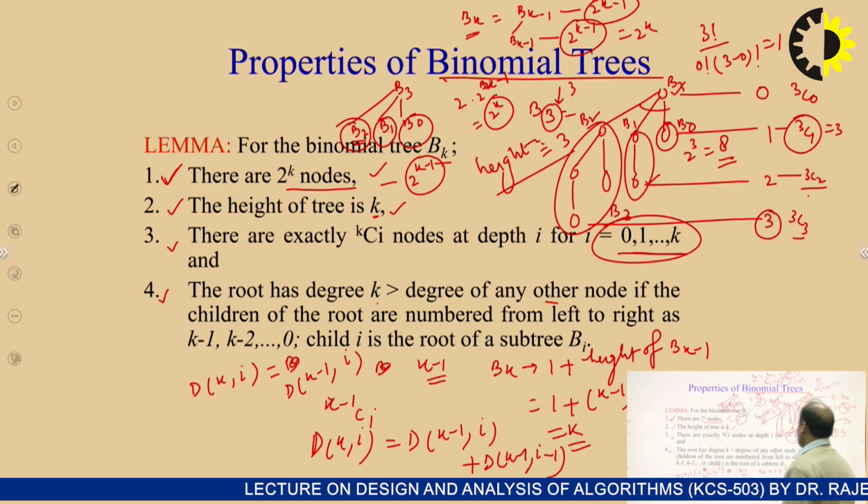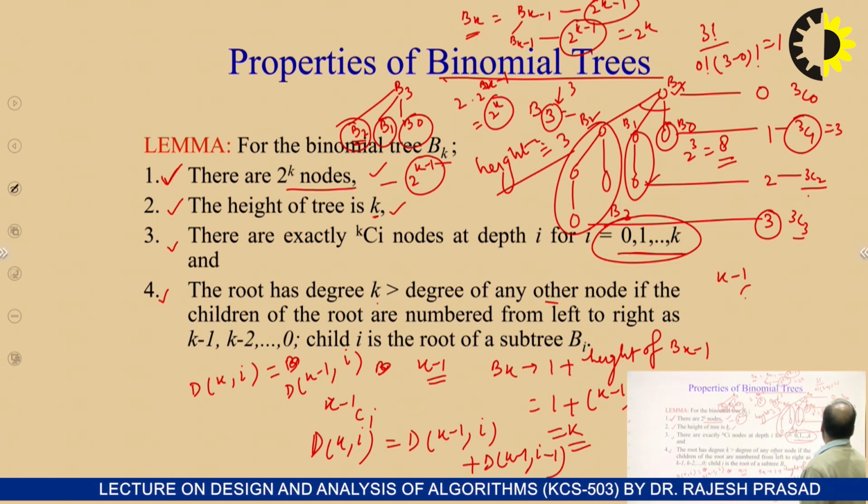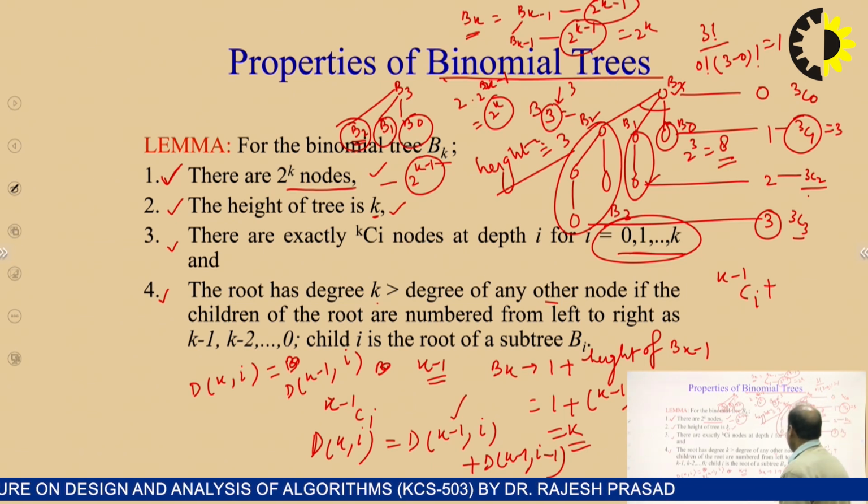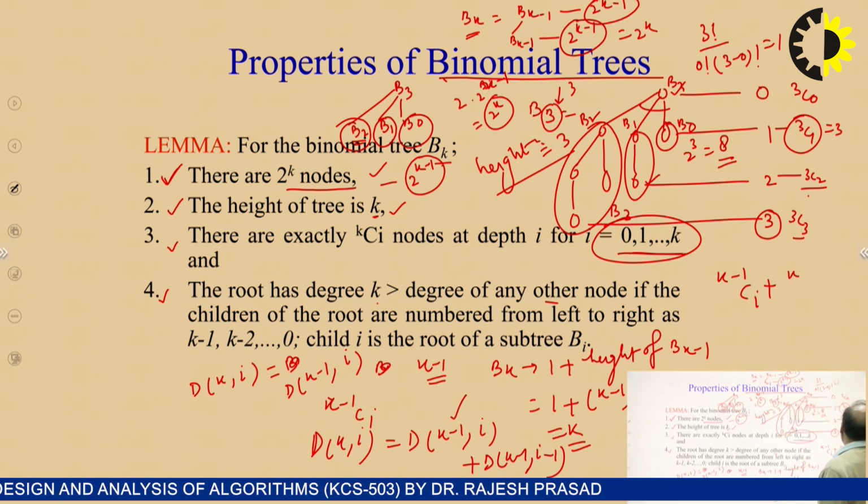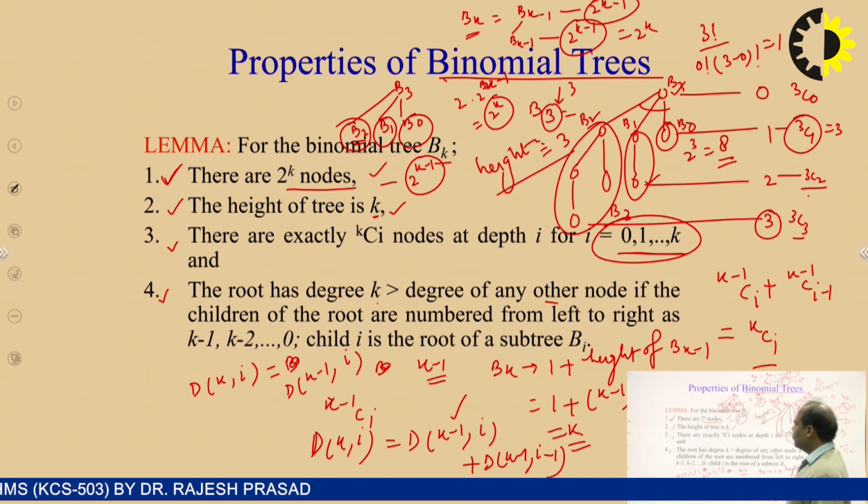So the number of nodes is k minus 1 Ci plus k minus 1 Ci minus 1, and if you add it, it will be equal to kCi. So this is also true.